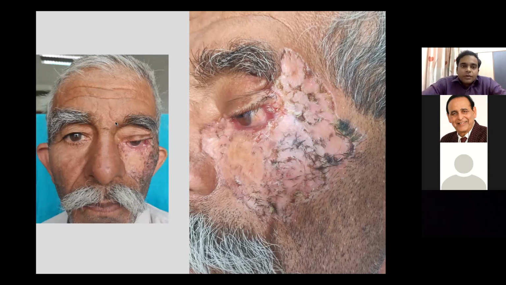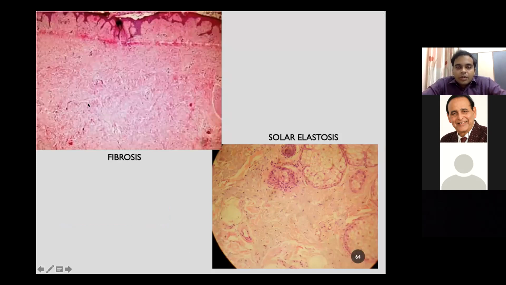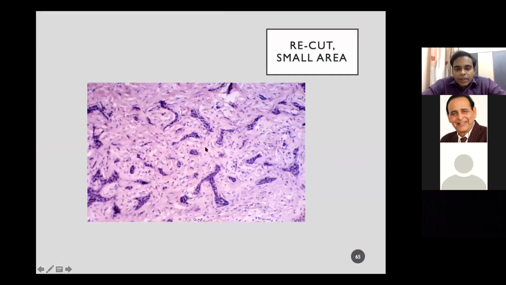When we looked at the biopsy slides, it was showing lots and lots of fibrosis, and the superficial dermis was showing solar elastosis, which is a change due to sun damage. So they were quite non-specific. We again asked our pathologist to do deeper sections, and then came our finding, which was again sort of a bouncer in a way.